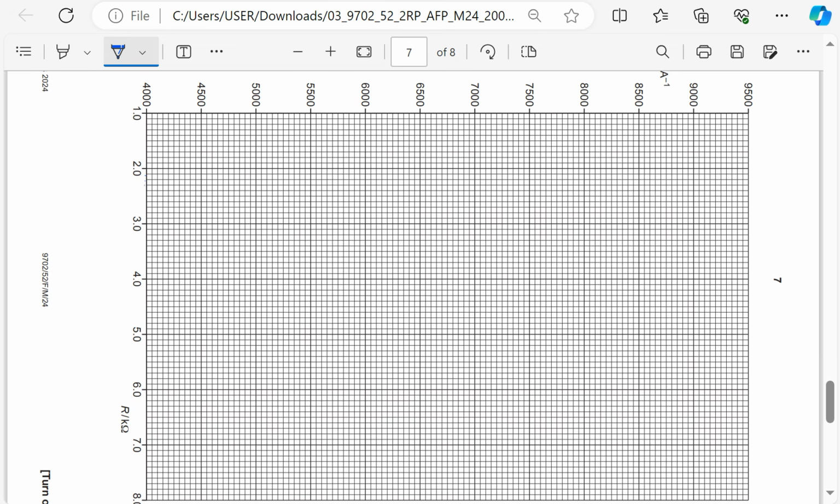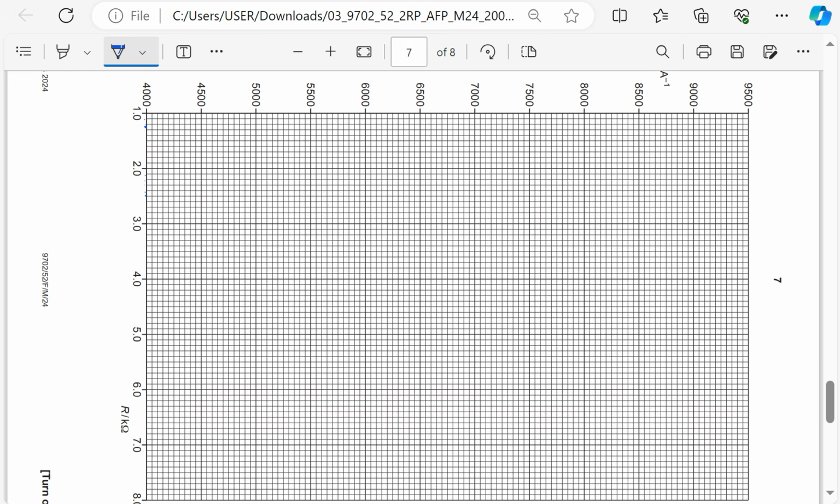So 1, 2, 3, 4, 5. No, that is 2.5. This is 1.1, 1.2, 1.25 is in between here. This is plotted against 4440.